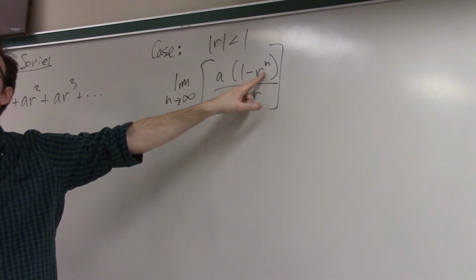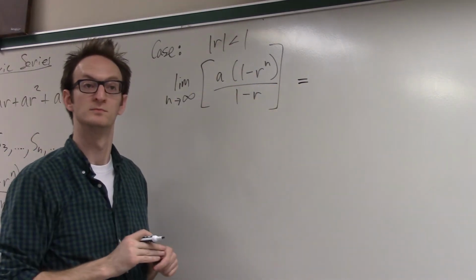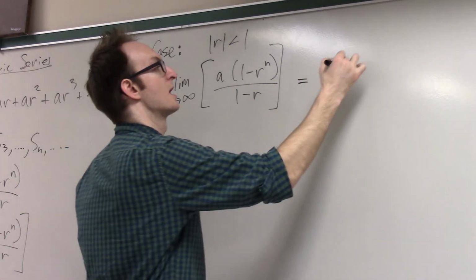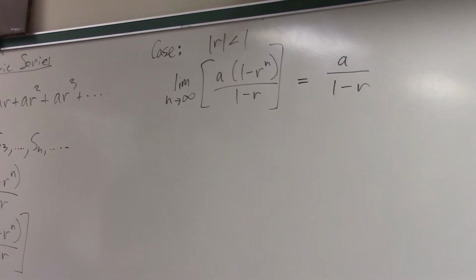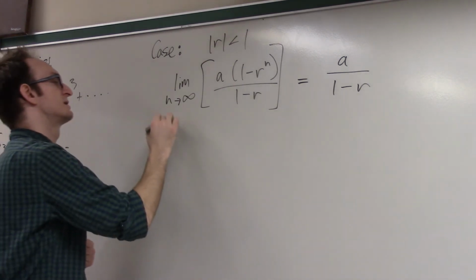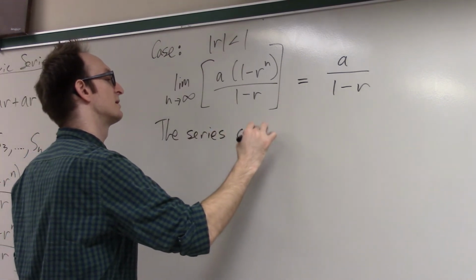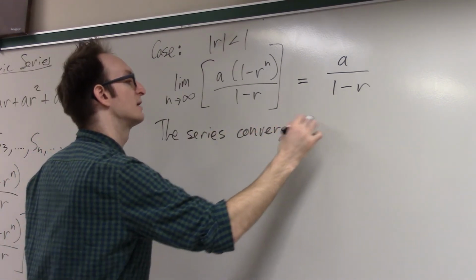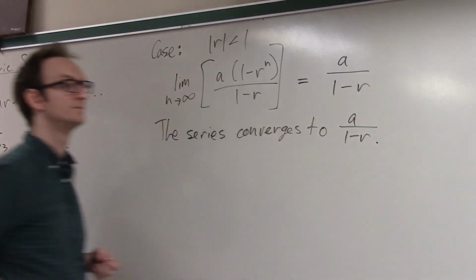This goes to 0. So what's the answer to this limit? A over 1 minus r. Conclusion: the series converges, and it converges to A over 1 minus r.